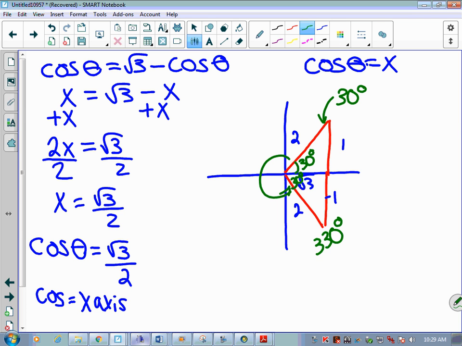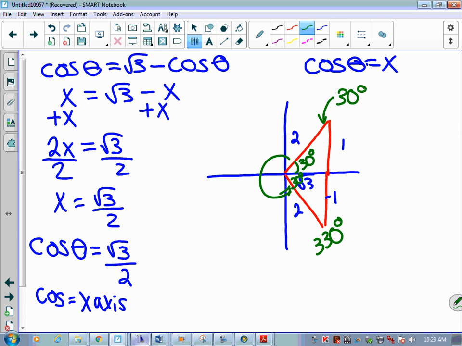Yes? Kind of. Okay, remember, my ratio is positive radical 3 over 2. And because cosine represents the x-axis, radical 3 is just positive on the x-axis, right? So I can be above, right? I can be below, and it's not going to change the fact that because I'm to the right of the y-axis my radical 3 remains positive.